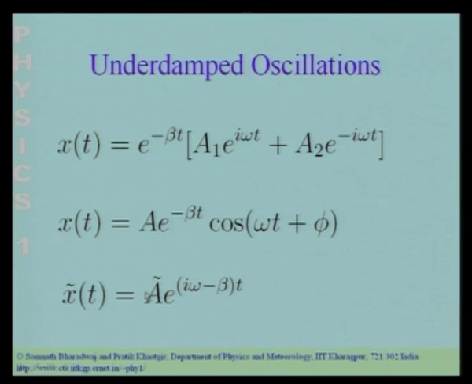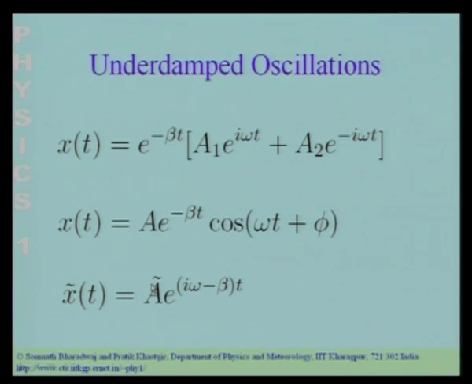Remember that a tilde has got both the real amplitude and it also has the phase. So a tilde is essentially A e to the power i phi. So it has both the amplitude as well as the phase of the oscillation.